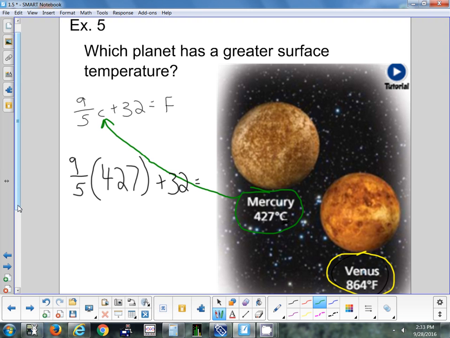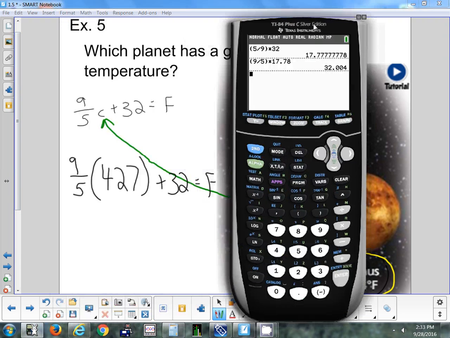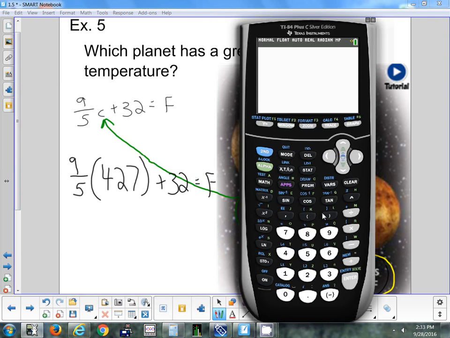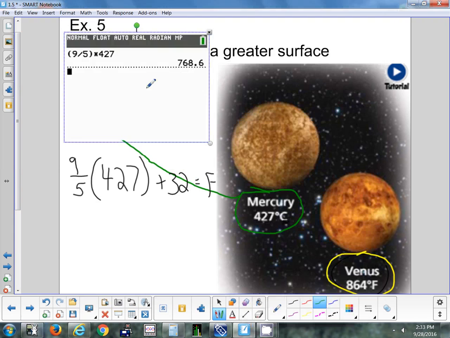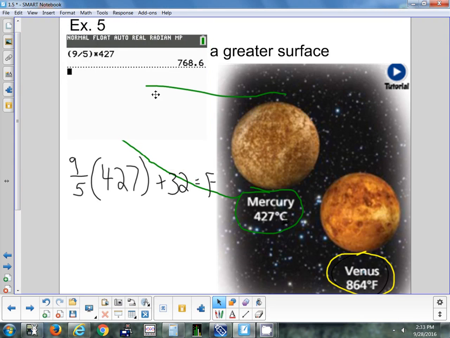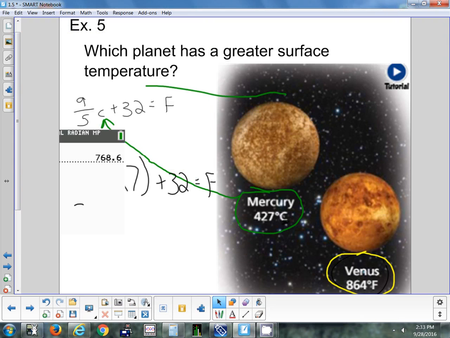Plus 32 equals F. Mr. Hager's going to get his calculator again, and he's going to do 768.6 plus 32. I'm sorry. We're going to get 800.6. That's going to be my Fahrenheit.